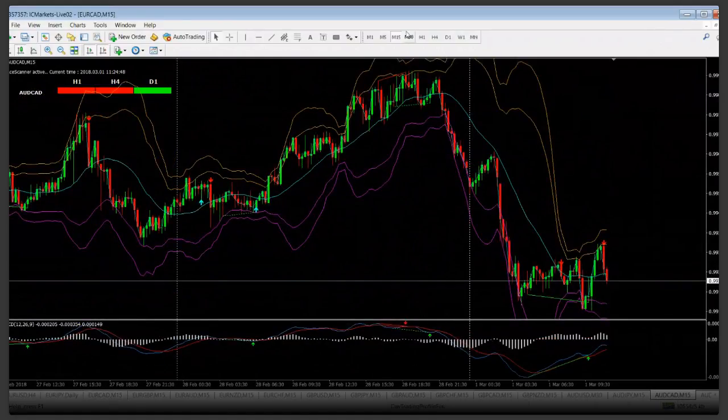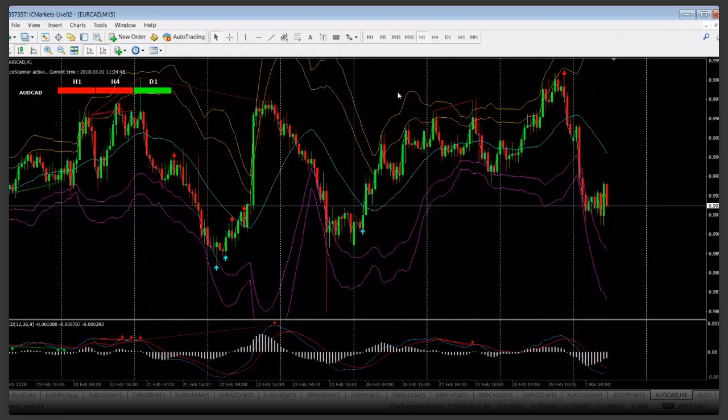So this Aussie CAD pair, I'm going to target 10 to 20 pips. When I'm day trading, that's what I like to target, 10, 20 pips per trade.